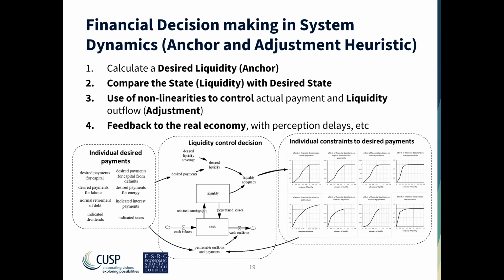As you can see, all the nonlinear relationships on the right tend to be at or above 1 when we have a surplus of liquidity, which basically means that they will allow the desired payments to be made, and they go towards 0 the lower the liquidity is.